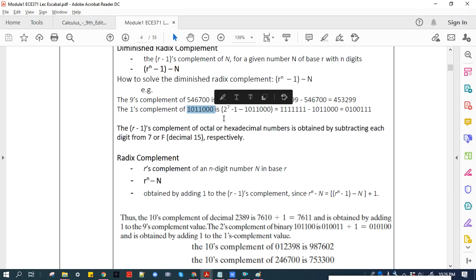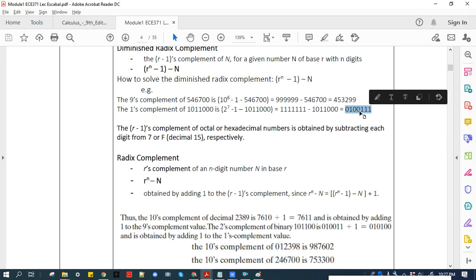So our base 2 to the power of 7 minus 1 minus the number itself, which is 1011000. The result is 1111111 minus the number. So the result is 0100111.